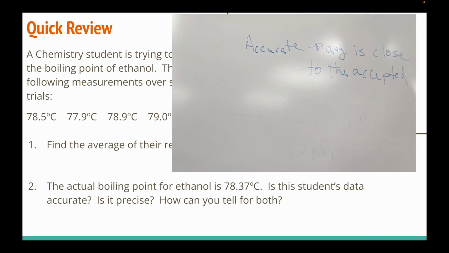Are the values close together? So are our measurements close together? What do you think? So you can say, yes, this is precise because they are close together. They are within 1 degree of each other, 1.5 degrees of each other, or no, they're off by at least a degree. They should be much closer to each other.